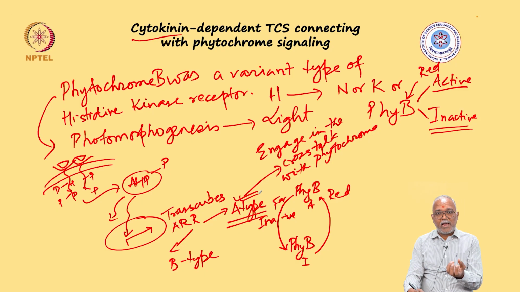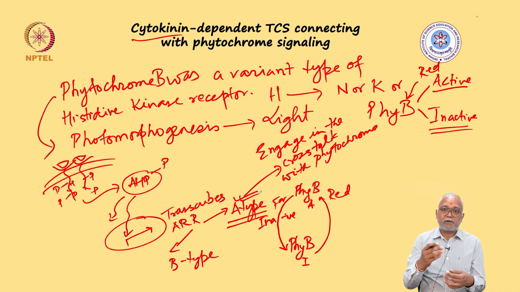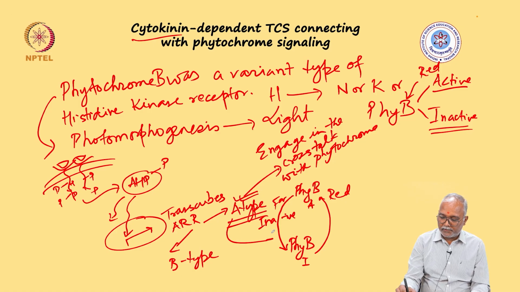So you can say that as long as A type response regulators are synthesized, they will inhibit the conversion of phytochrome B into its inactive form, thus they will support the photomorphogenic responses, which means that this A type inhibits this process.